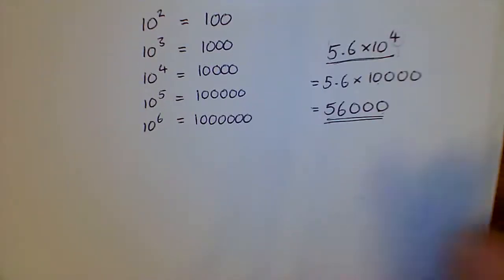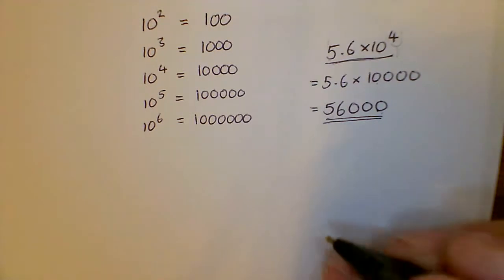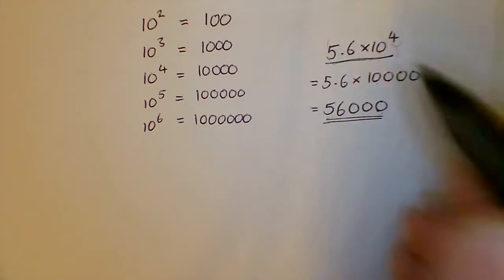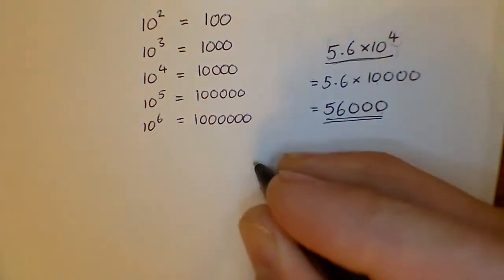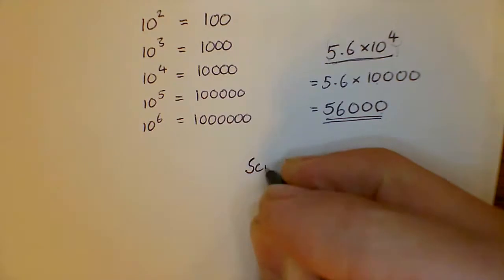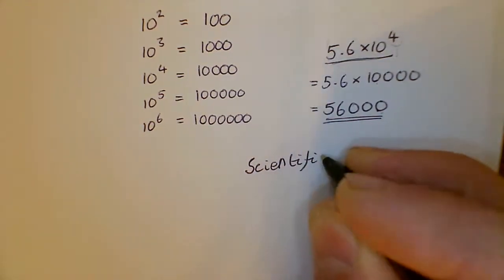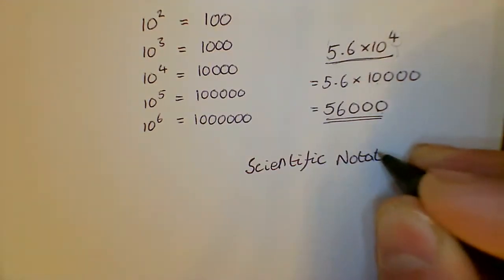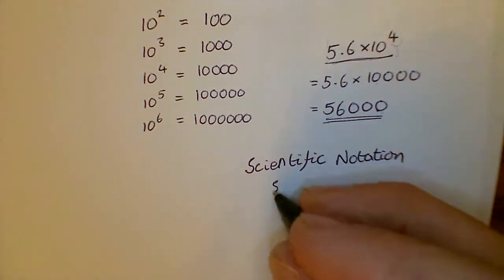Now, we are going to play with that a little bit, and that is going to be in our next little video, which is going to show you how to use this. Just before we go, a little bit of language. This idea is called scientific notation, or you might see standard form.